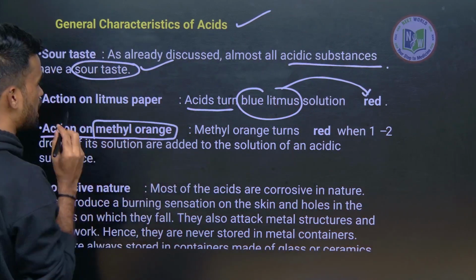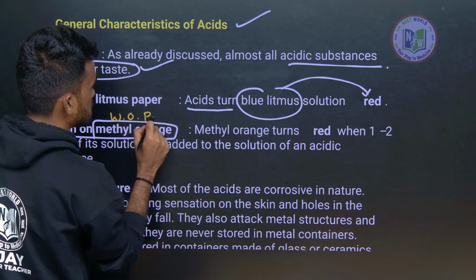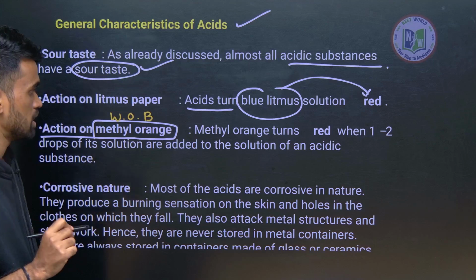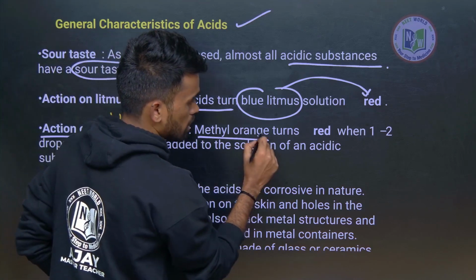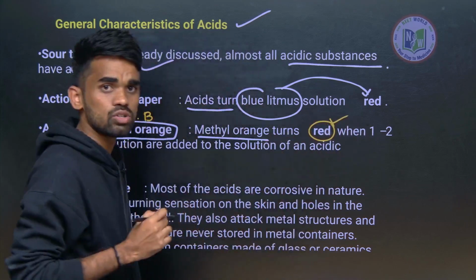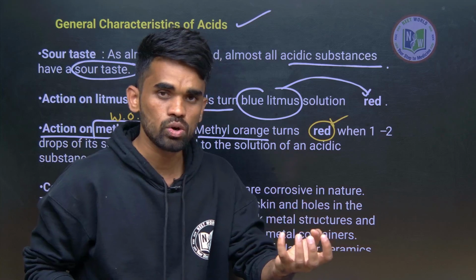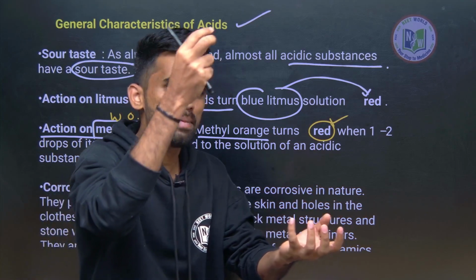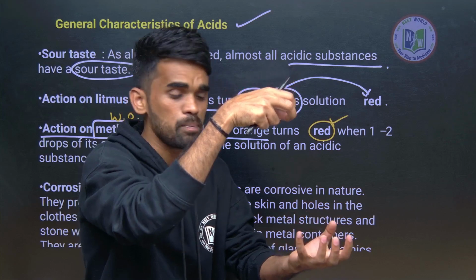So what is this methyl orange? Methyl orange is a weak organic base. And what is its color? Methyl orange is orange and it converts into red color. Let us say in a beaker we have a colorless acid, and to this I am adding 2 to 3 drops of methyl orange indicator. Now what happens to this solution?